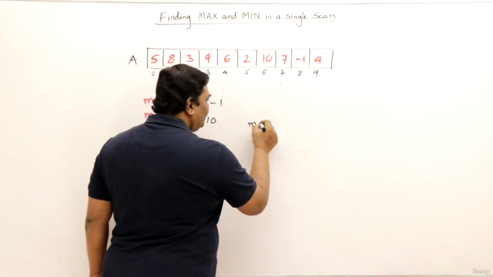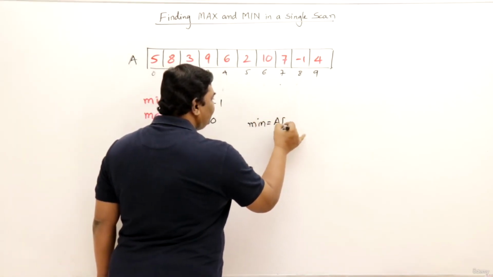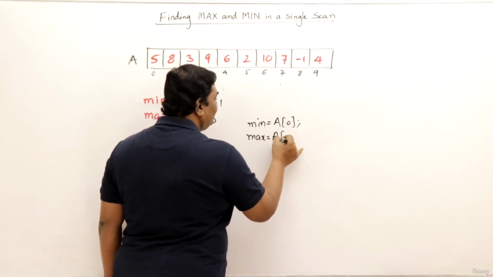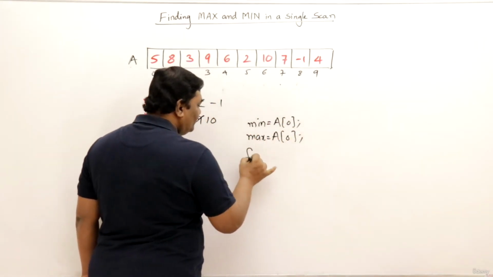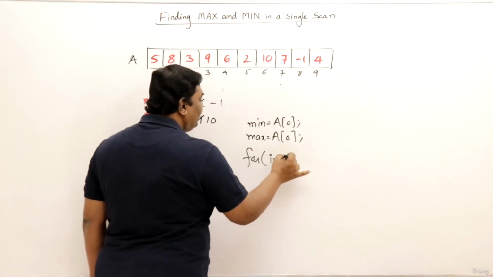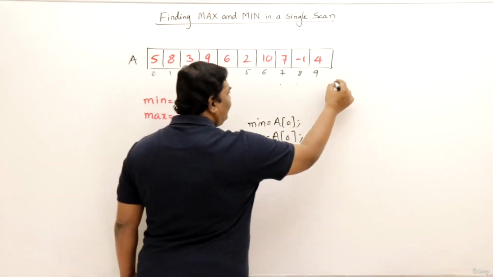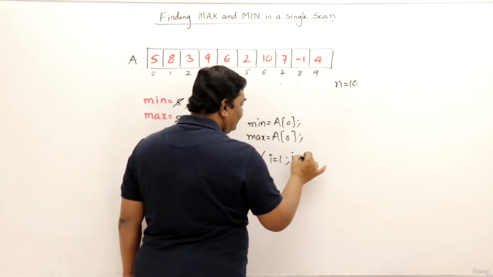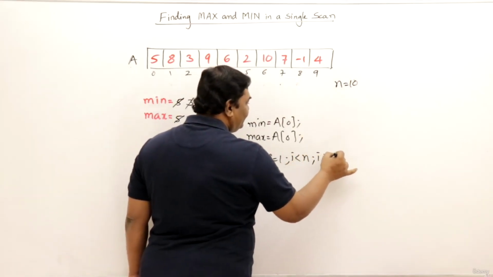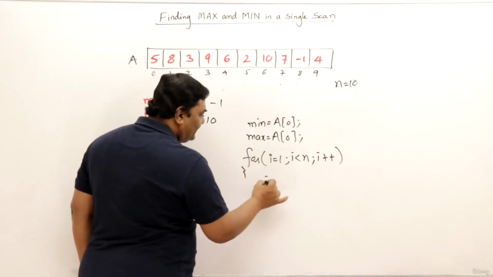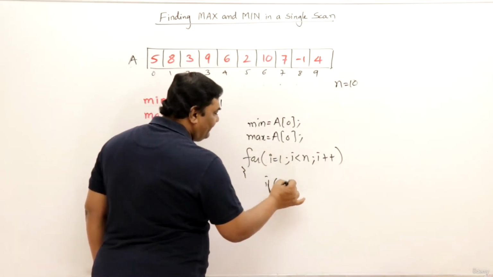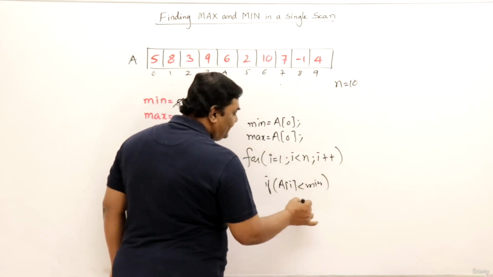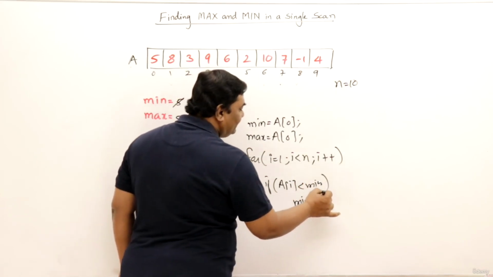So quickly, minimum is a of 0 and maximum is also a of 0. Then I need a for loop. That for loop will start from index 1 onwards, and the number of elements, as I have an example of 10 elements, so i is less than n, that is 10, and i plus plus. Every time, check if element a of i is less than minimum, then modify min with a of i.